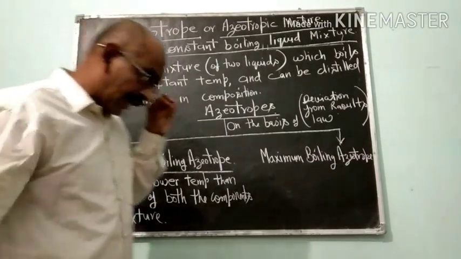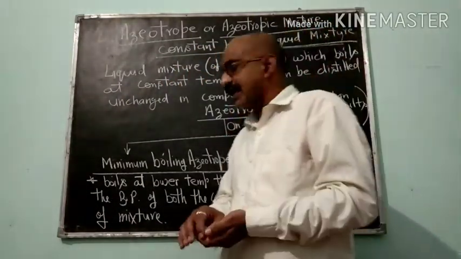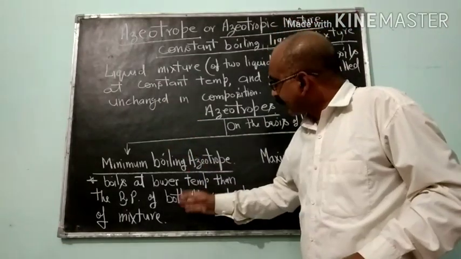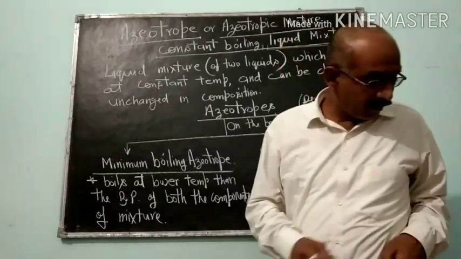Means if the mixture boils at lower temperature than the boiling point of both the components, then that one is an example of minimum boiling azeotrope.